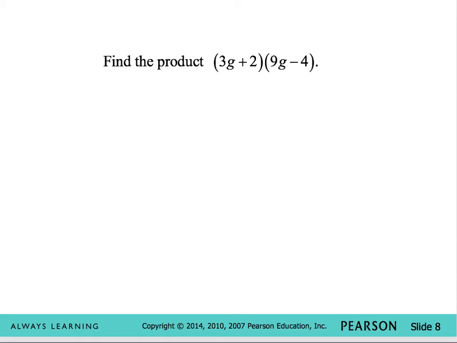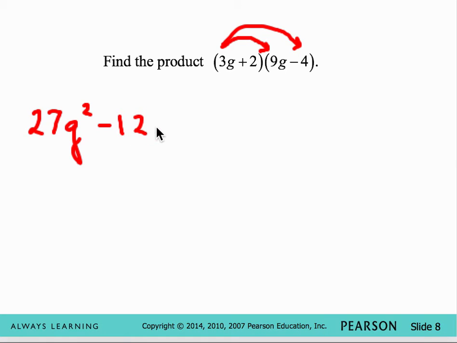Okay, multiplying two binomials again. So 3g times 9g, 3 times 9 is 27. G times g is g squared. 3g times negative 4, 3 times negative 4 is negative 12, and then just times g. Okay, I've multiplied the 3g times both terms.